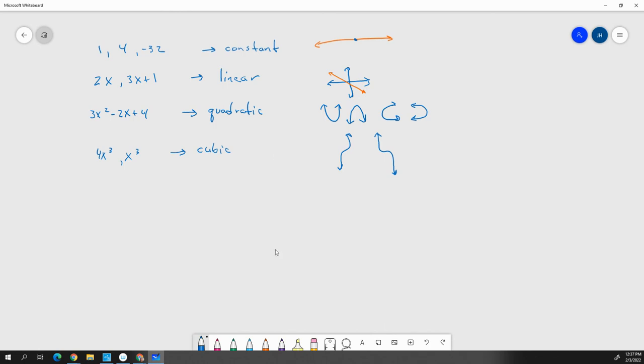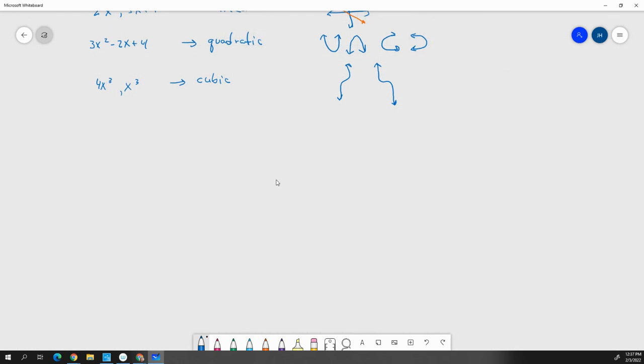All we're doing today, as far as practice goes, is we're going to add, subtract, and multiply polynomials, right? And I think the best way to do that is to just show you examples, right? So when we're adding and subtracting, we're really just combining like terms, right?